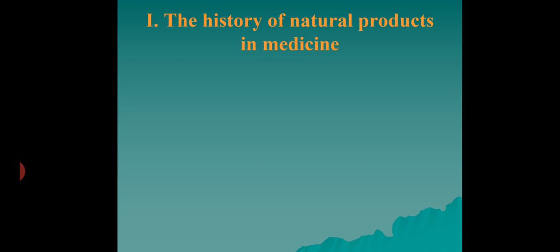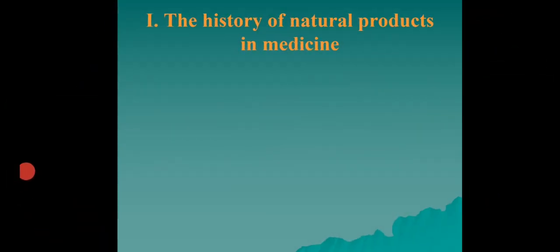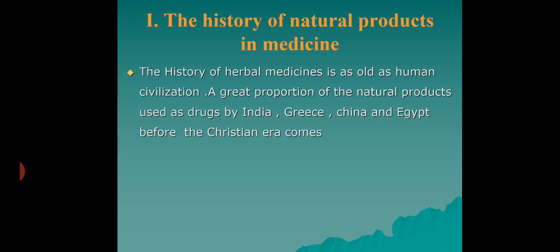Now coming to our core topic, the history of natural products in medicine. The history of herbal medicine is as old as human civilization. A great proportion of the natural products used as drugs came from India, Greece, China, and Egypt, even before the Christian era.